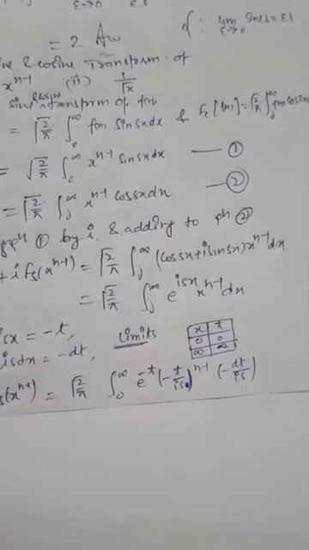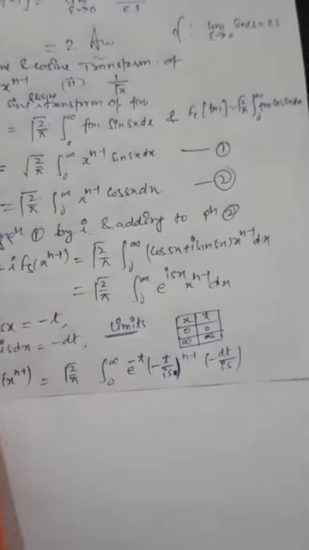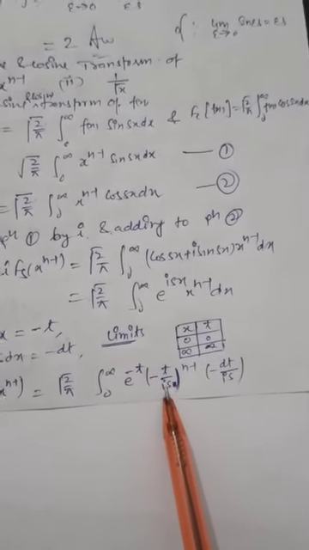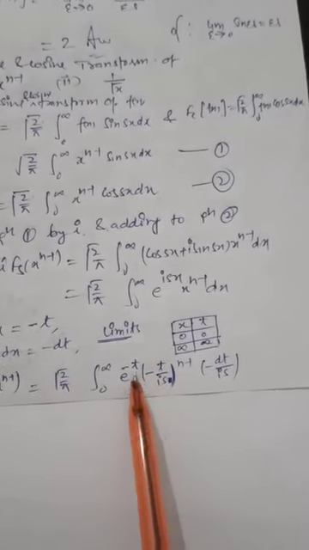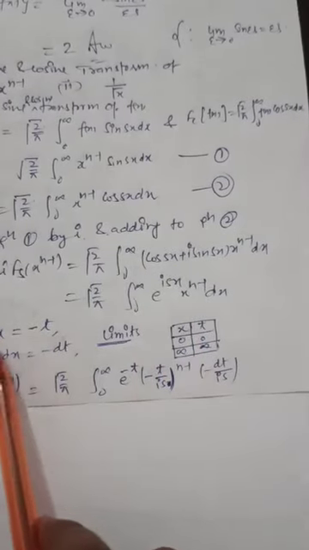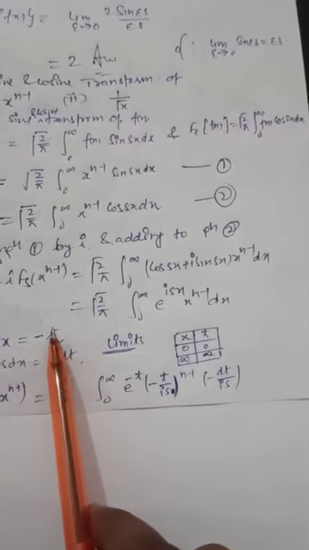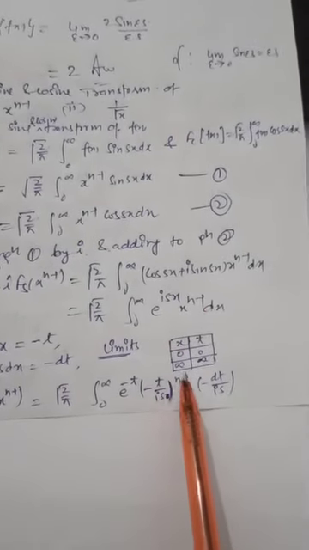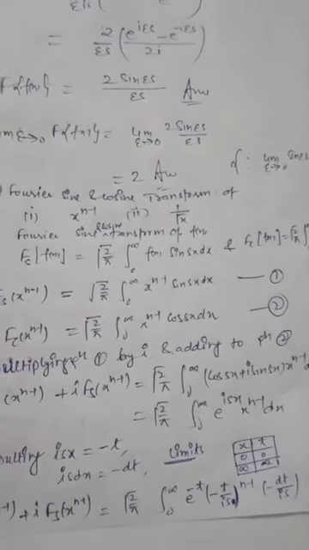So put here F_c x^(n-1) plus iota F_s x^(n-1) equals under root 2 upon pi, integral from 0 to infinity of exponential minus t, because this term we consider minus t, and x from here is basically minus t by iota s, so this is raised to power n minus 1, and dx is basically minus dt over iota s. Then next sheet.